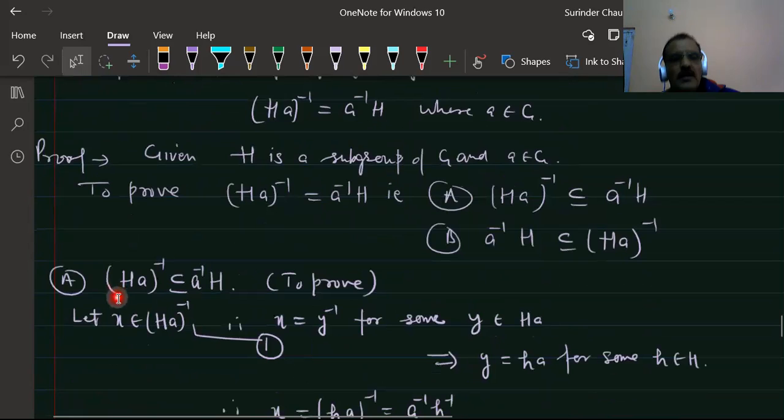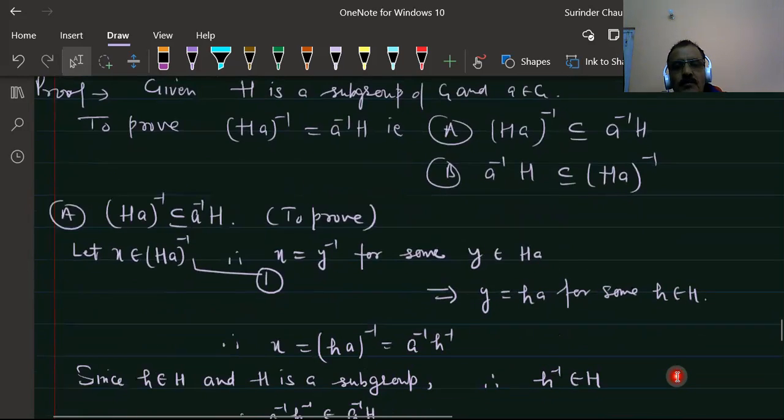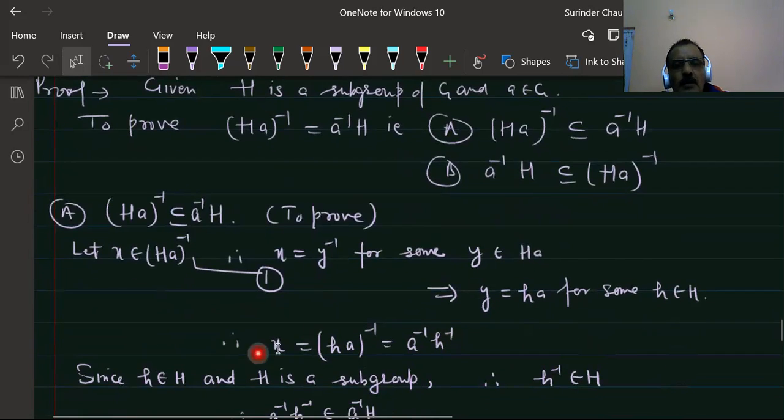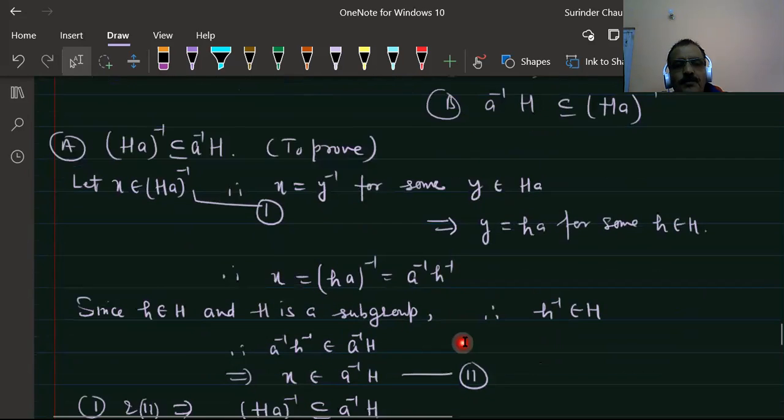Let us take x belongs to (Ha) inverse. That is x is y inverse for some y belongs to Ha. If y belongs to Ha, y will be of the type y equals ha for some h. So x is equal to (ha) inverse, which is a inverse h inverse.